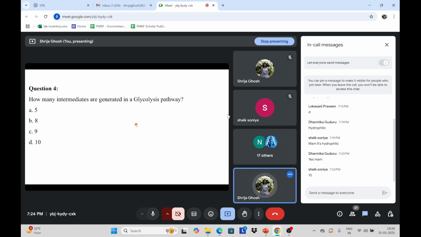Okay, I have one answer, option D, that is 10. Okay, someone is saying 5 and then 9. Okay, so I have multiple options in the chat box. Anyone else wants to try?